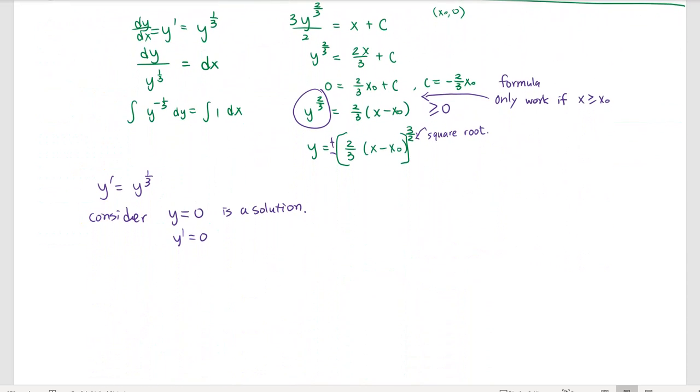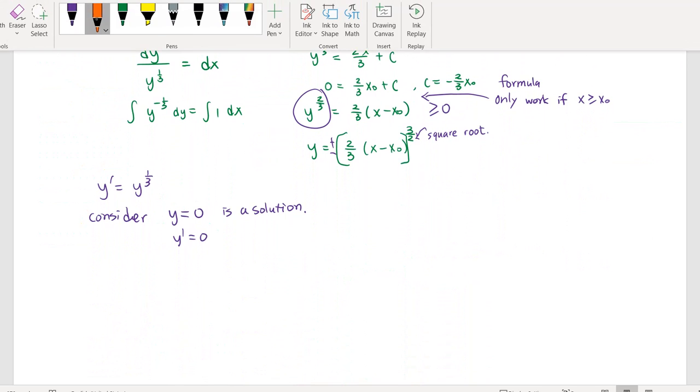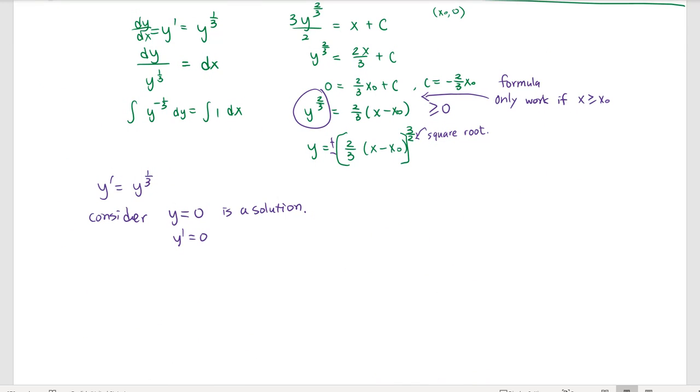And furthermore, let me draw. Okay, furthermore, if we define y to be 0 if x is less than or equal to x0, and we define it as 2/3 (x minus x0) to the 3/2 if x is greater than or equal to x0, then you realize this is another solution, because on this part it satisfies the differential equation.